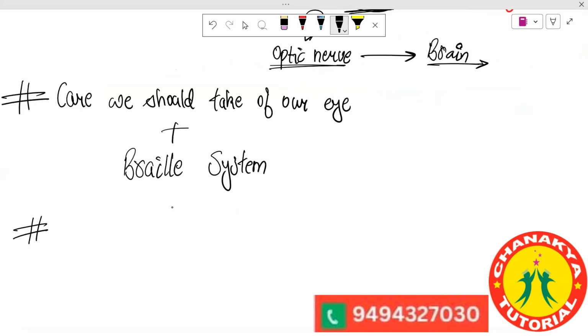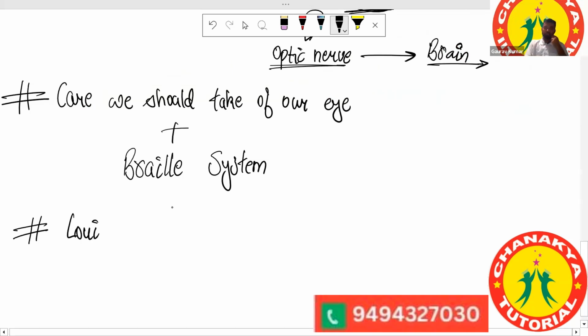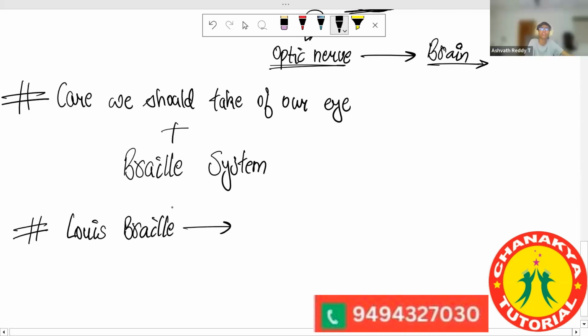There may be some disease, some defect in the eye due to which there is loss of eyesight. So that's why there was Louis Braille, who himself was visually impaired.